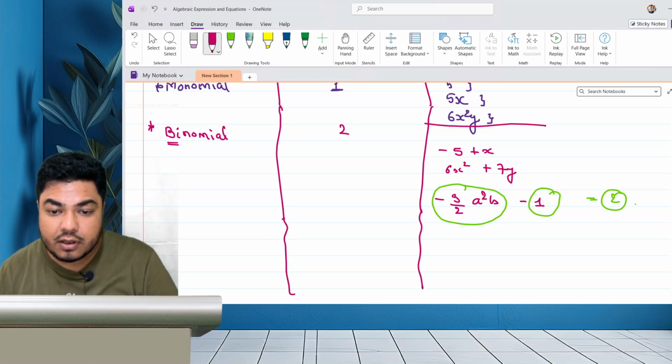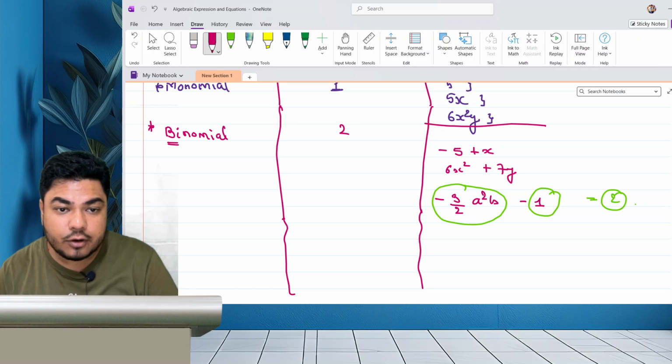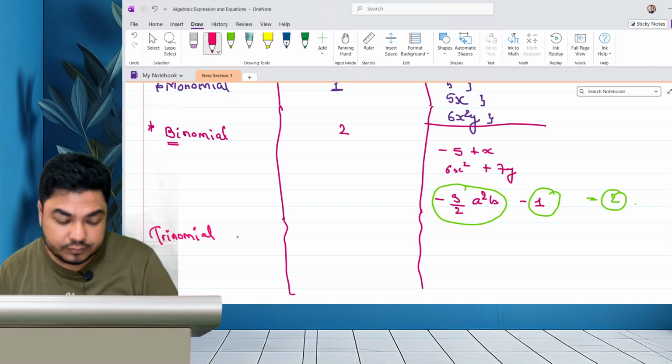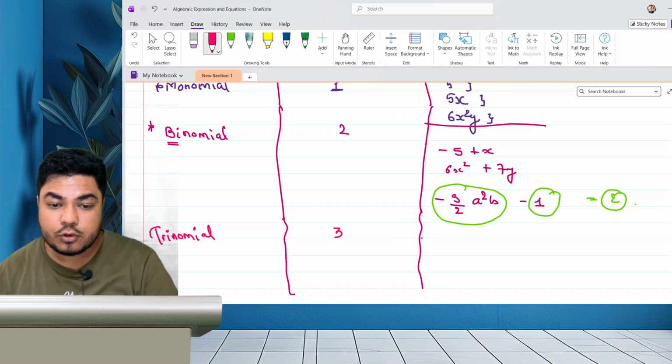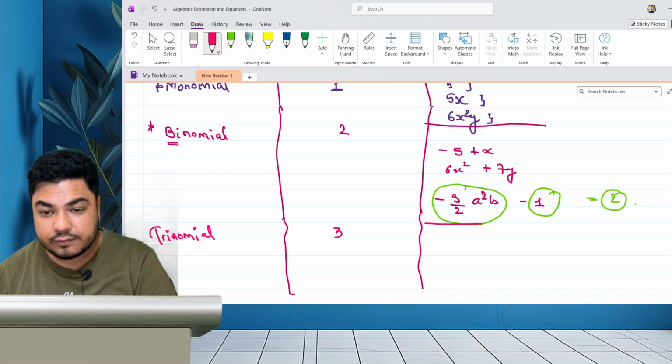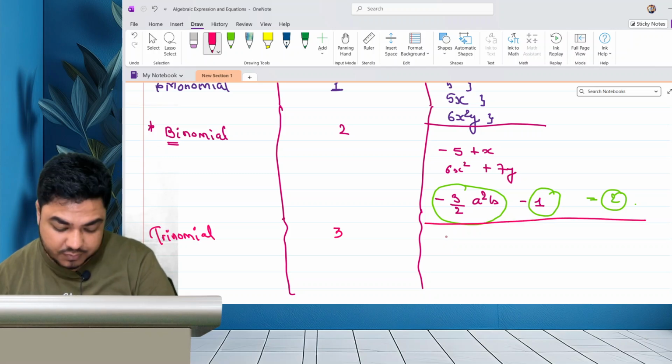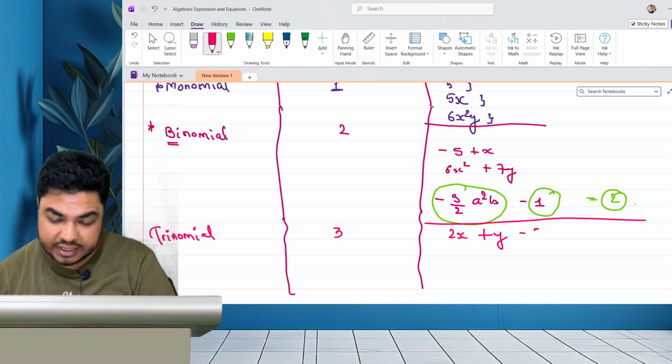Clear? Now the third type we are going to see is trinomial. So in trinomial, of course, we would have three terms. Let us see a few examples. So 2x plus y minus 3.